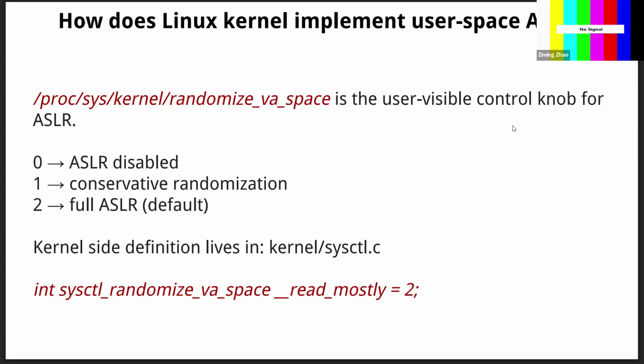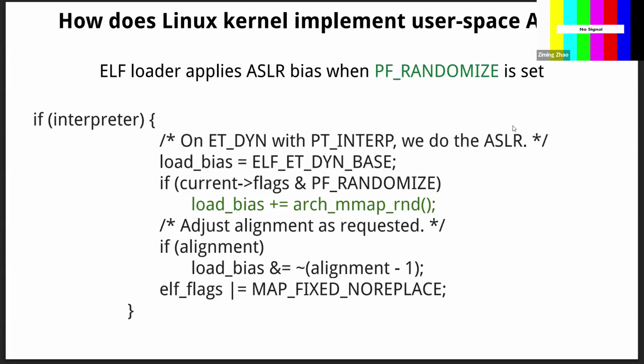This knob eventually maps to a kernel variable in this kernel file that defines whether we want to have ASLR. And this is user space ASLR. And this is just one code snippet in the Linux kernel to implement ASLR. And this is only for the executable or ELF file part. Like I said, there is also a heap part, stack part, memory map part, right?